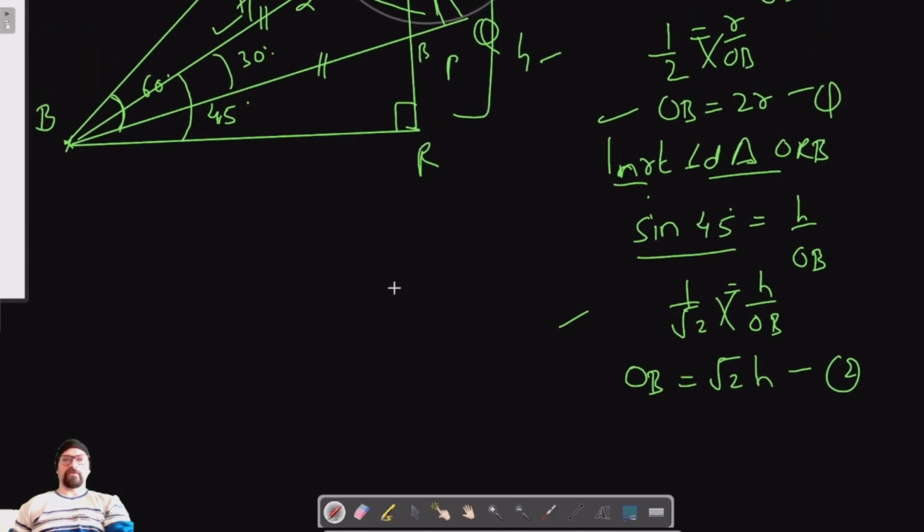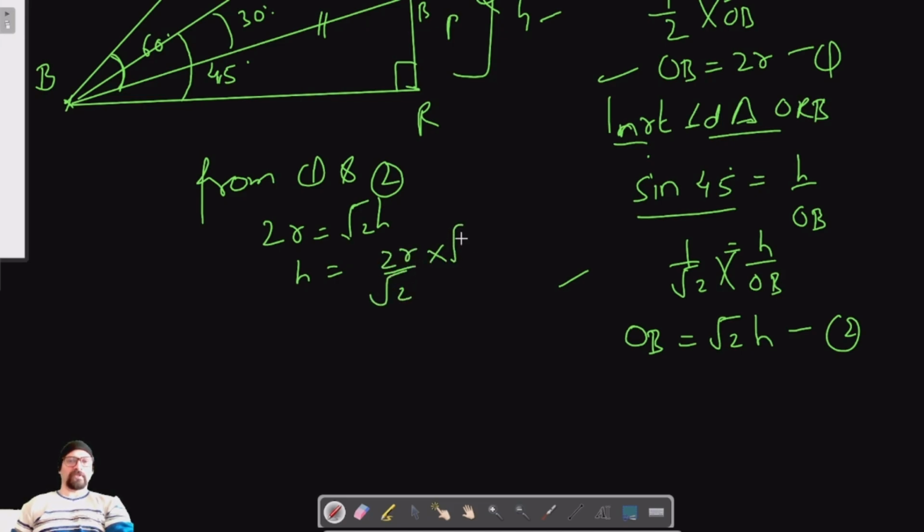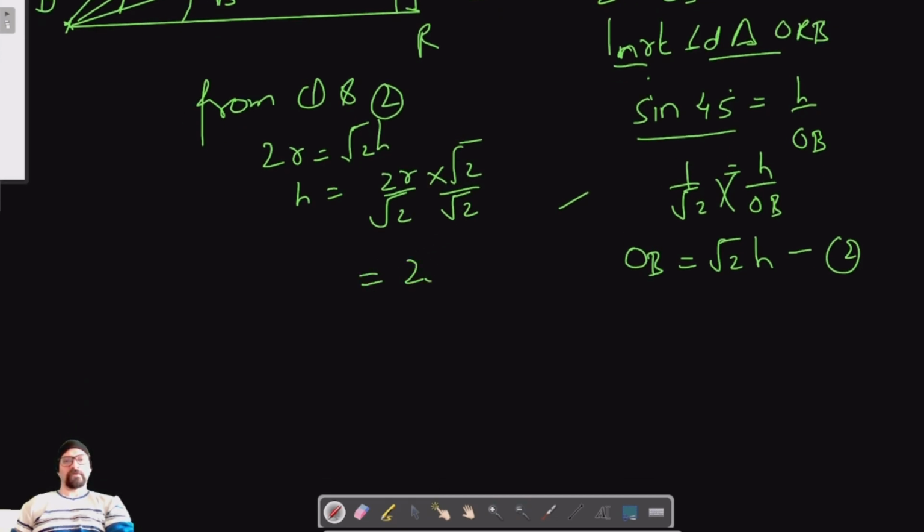So from 1 and 2, we get 2R is equal to root 2 into H. And this gives H is equal to 2R by root 2 into root 2 by root 2, which gives 2 root 2R by 2.